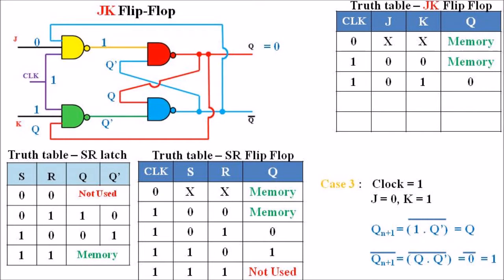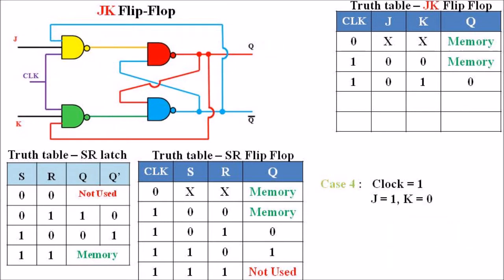Thus, clock equal to 1, J equal to 0, K equal to 1 yields an output of 0. Now we move to case 4, that is clock equal to 1, J equal to 1 and K equal to 0. Here the output of the second NAND gate, the green NAND gate, will be 1, since if any input of a NAND gate is 0, the output will be 1.